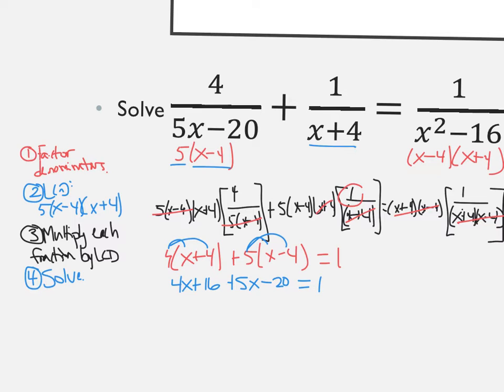So what we'll do next is we'll combine like terms on the left side. 9x minus 4 equals 1. And then we will add our, oh snap, and no one caught my mistake. There's a 5 here, right? So instead of a 1, it's actually a 5. Whoopsies.